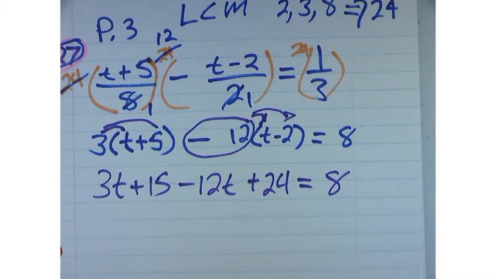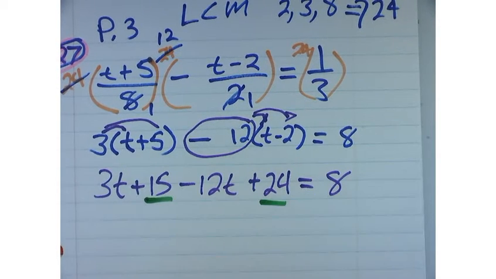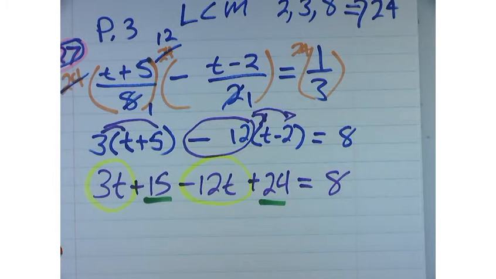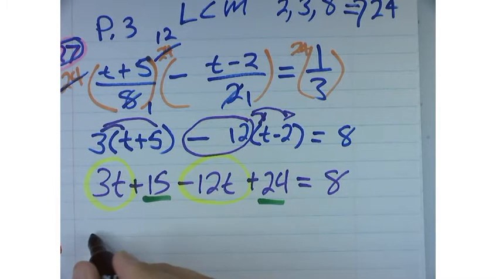Now we just need to combine like terms. I have 15 and 24, those are constants. I have 3t and negative 12t, those are variable terms, and I'm just going to combine them. So 3t minus 12t is negative 9t.